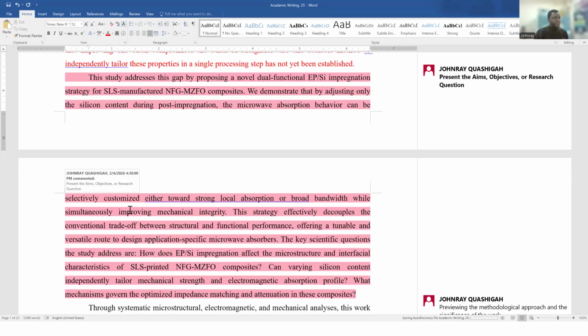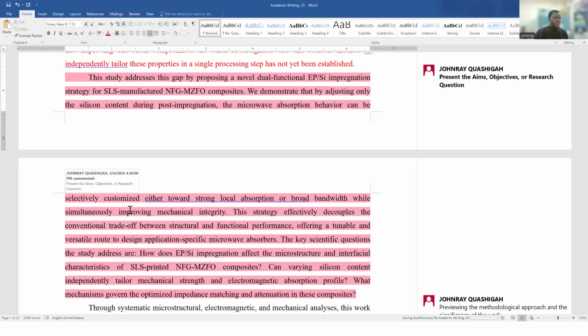application-specific microwave absorbers. The key scientific questions the study addressed are: how does EPSI impregnation affect the microstructure and interfacial characteristics of SLS printed NFG MZFO composites?